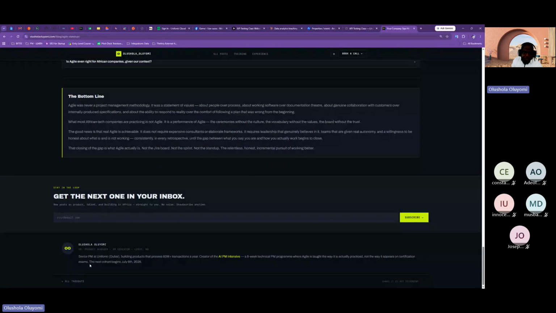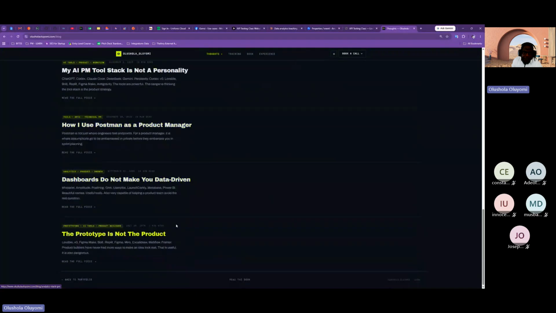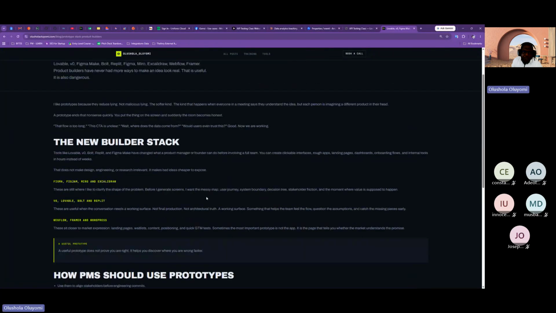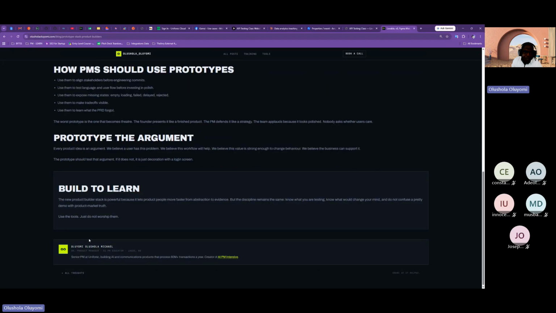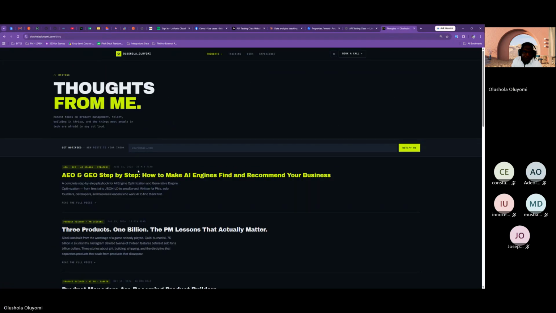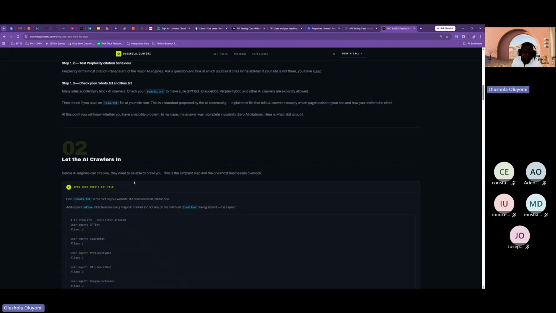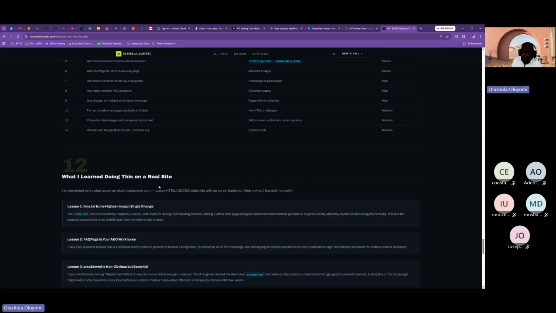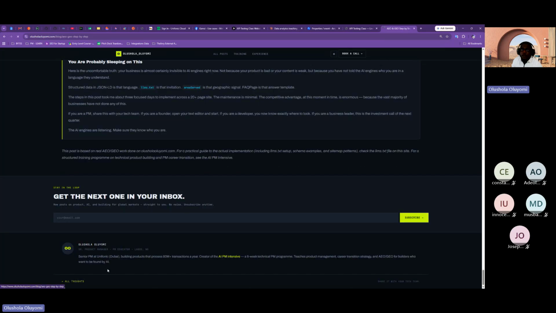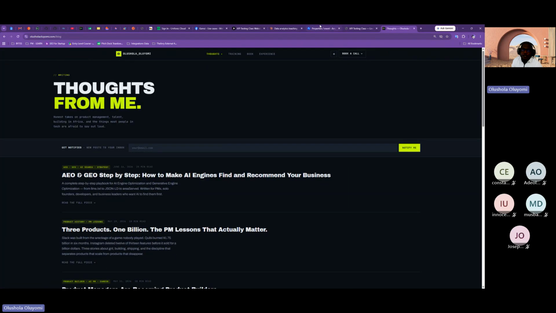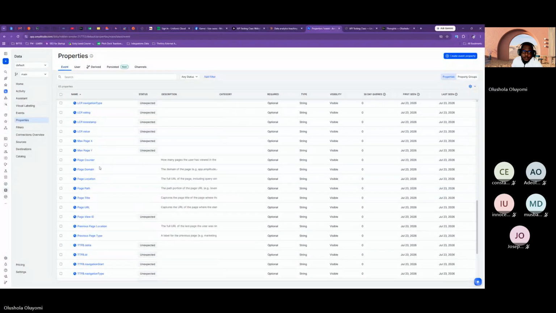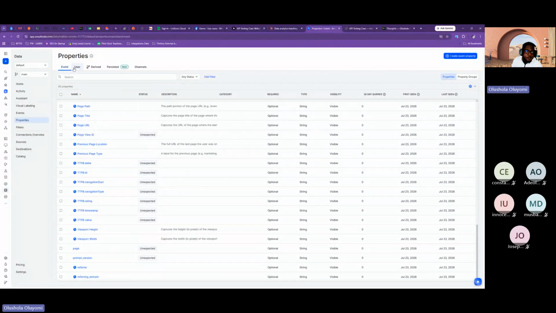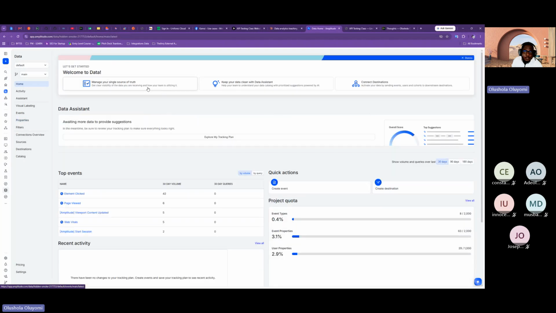I just want to have enough data so that we can visualize different data at the same time. Okay. So I think personally I have enough events. Let me go here.